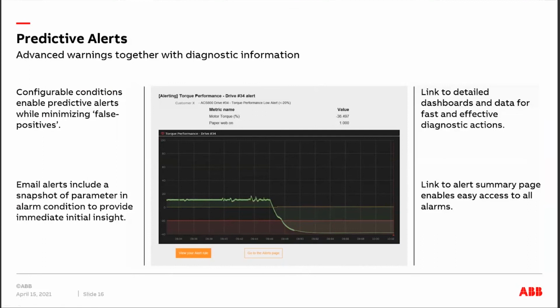And the other thing I'll comment on here is that with the way we approach this with the online system and being able to monitor it, we're able to fine tune these alerts to not get false alerts, because every drive system, every machine is going to be a little bit different. So it's difficult to have a canned approach to this. But with the way we approach it, we can fine tune these, and then when you get an alert, it's going to be more relevant.